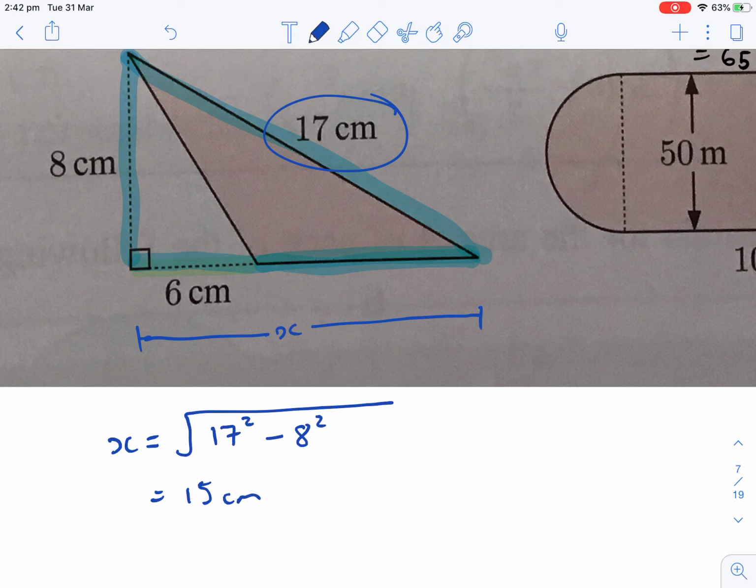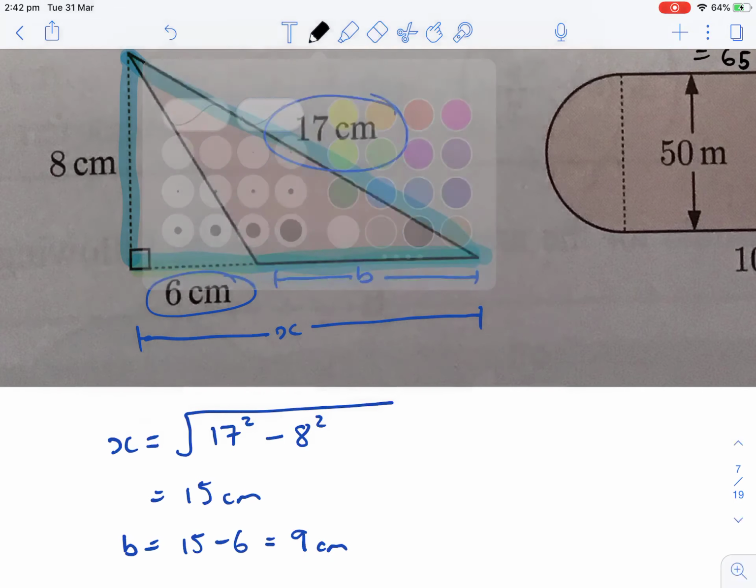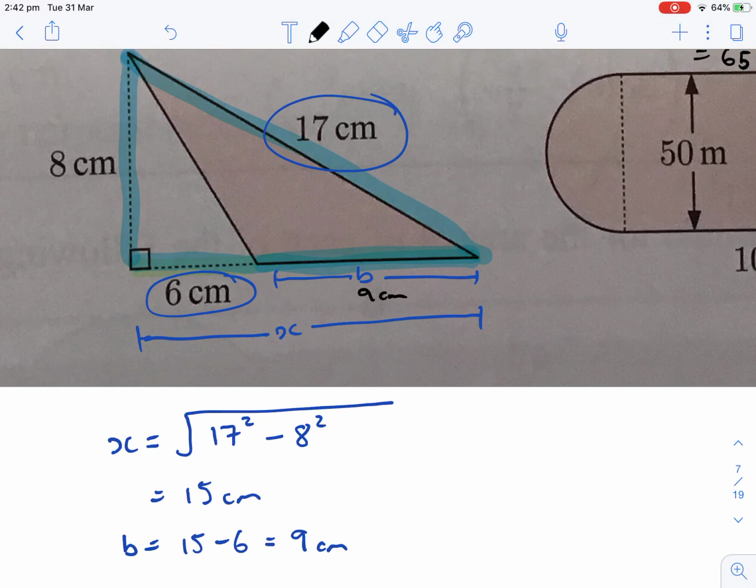Now, from that 15 centimetres to find the base, we'll put a B in there for the base. The base would be equal to that 15, take away the 6 that they've provided me over here. And so all up, I've got a base of 9 centimetres. Once I now know that, I can fill that in on my diagram.